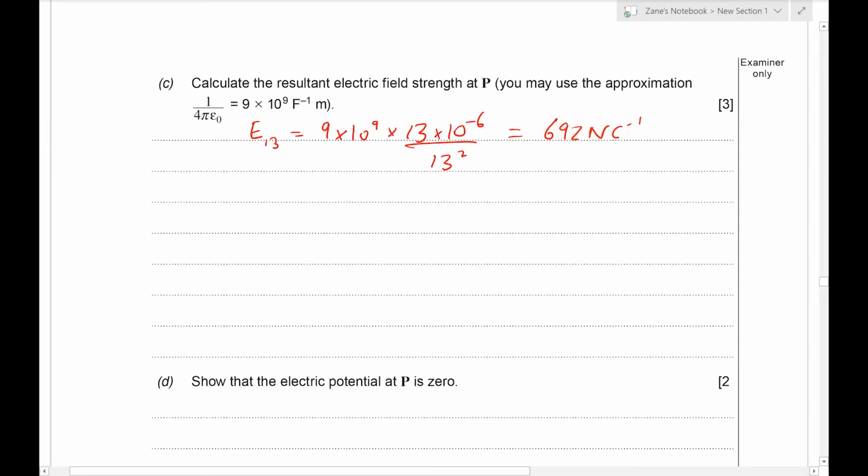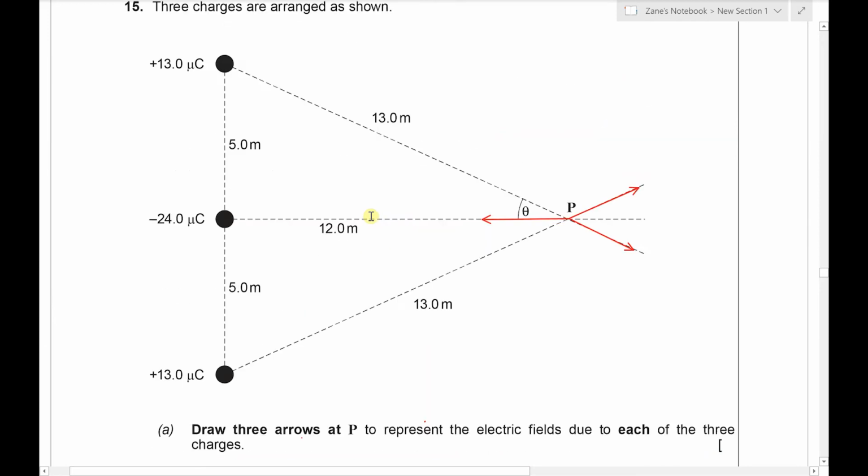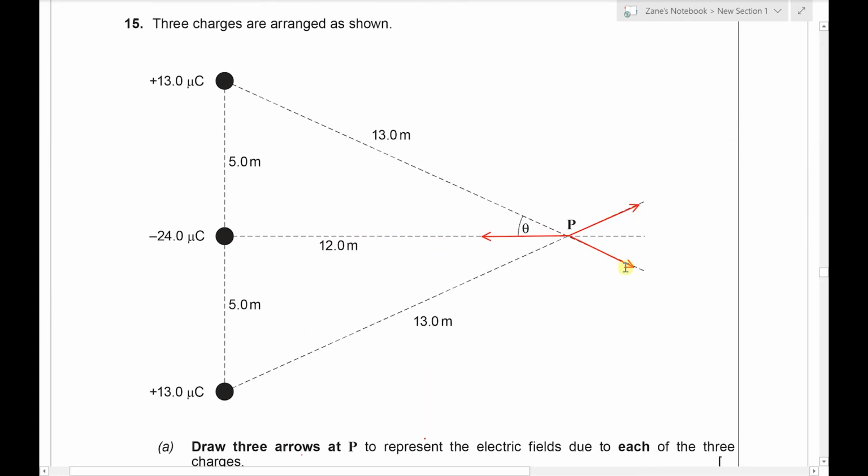Now we're going to add all of those fields together, but we've got to remember that field is a vector quantity. So what we're going to do here is find the components of these two fields in the horizontal direction. So that would be the 692 newtons per coulomb that we just worked out times cos of this angle, and this angle is theta as over here.